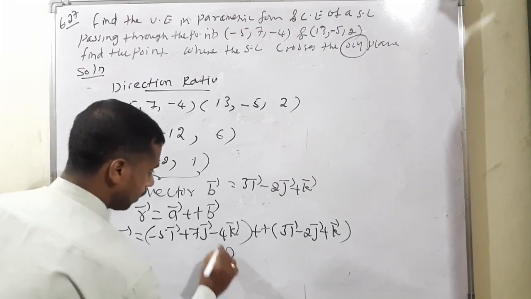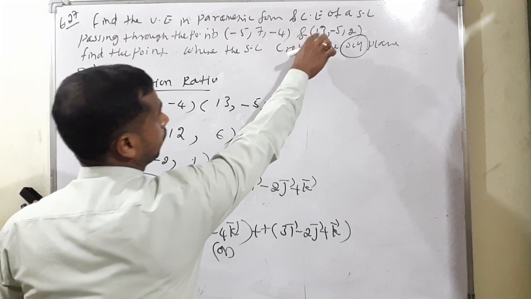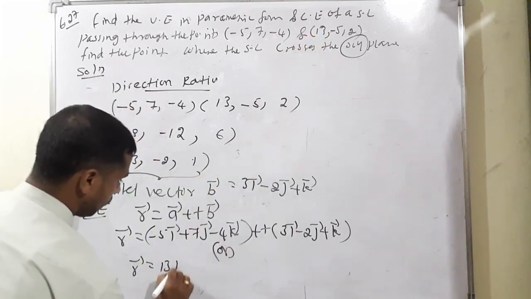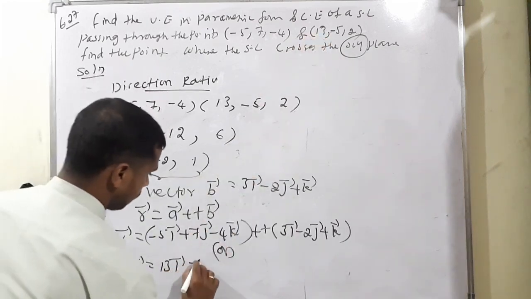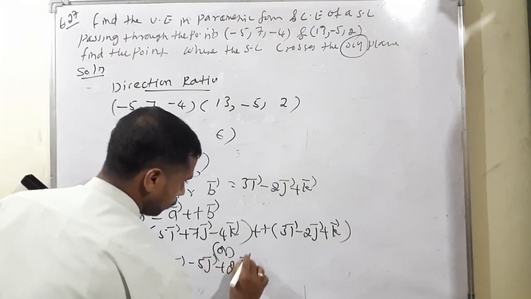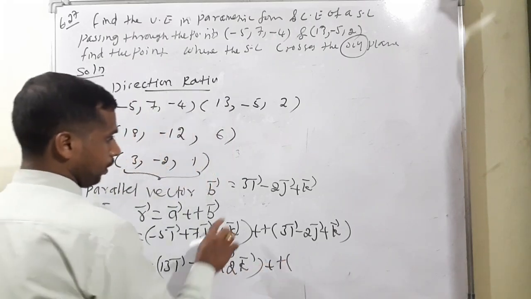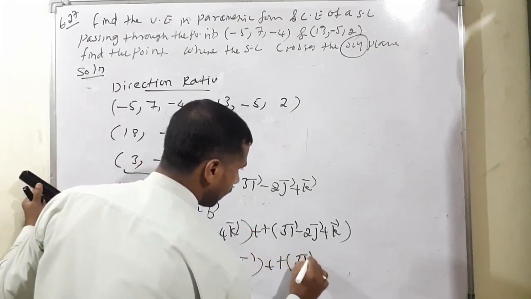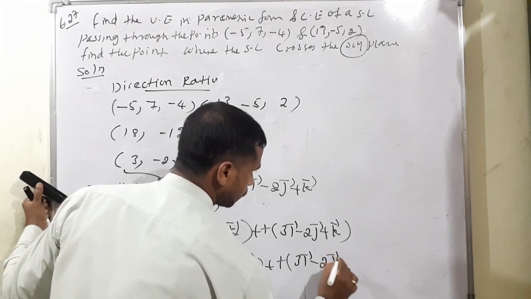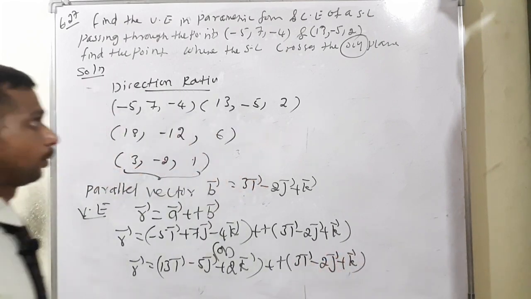Or r vector is equal to, instead of the first point we can write the second one, 13i - 5j + 2k plus t into the same b vector, 3i - 2j + k. Okay, the first one is the vector equation.